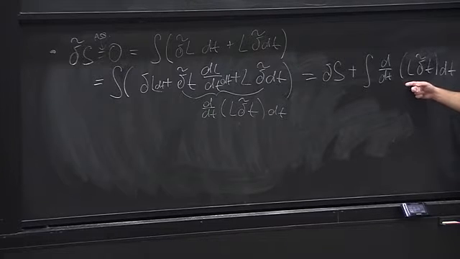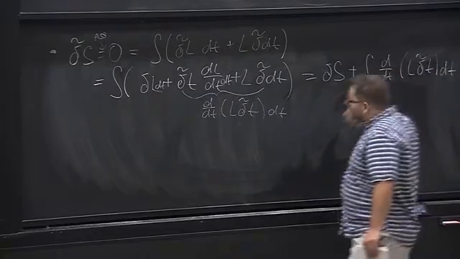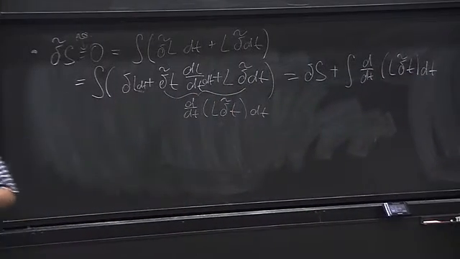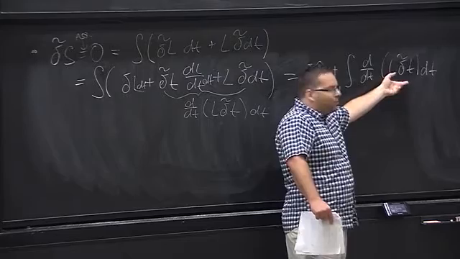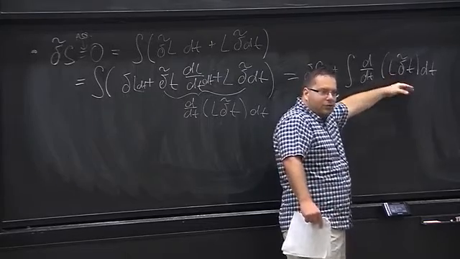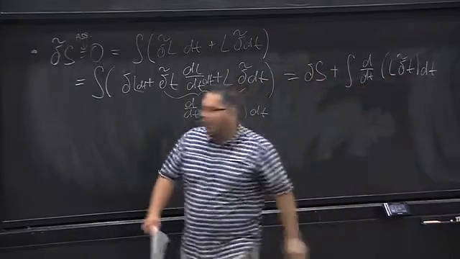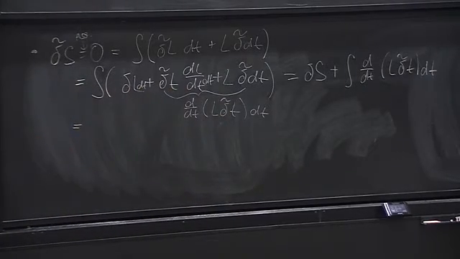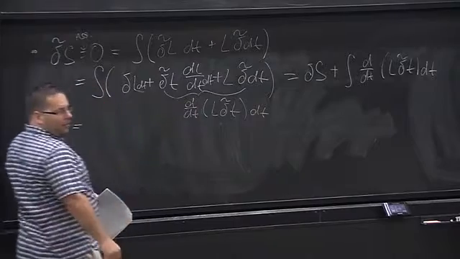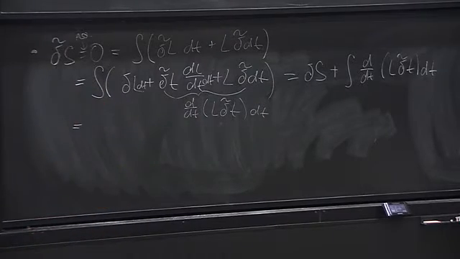If you are on shell and you have fixed endpoints, then this thing doesn't matter. So this is just a transformation of the Lagrangian by a total derivative, so it is a symmetry. I can throw it away; it gives the same equations of motion. This is just a boundary. So I just notice that delta tilde of S and delta S on shell are the same. But I cannot throw this boundary term because I don't have fixed endpoints now.